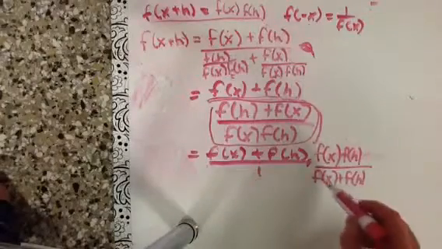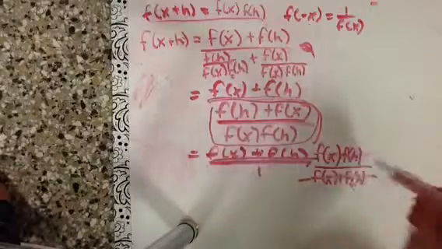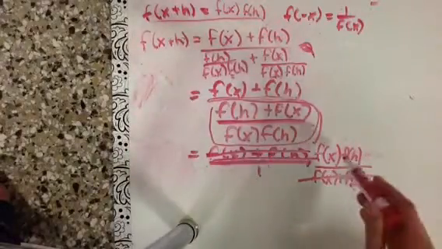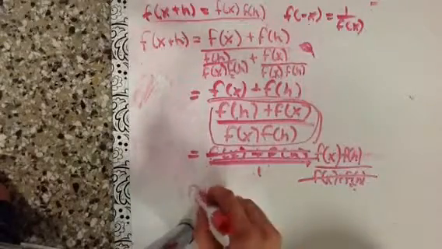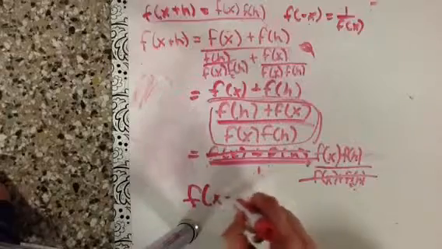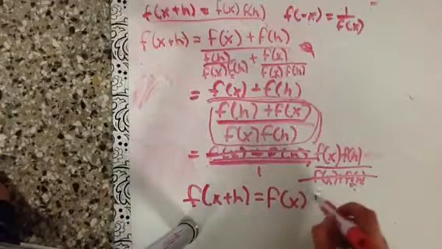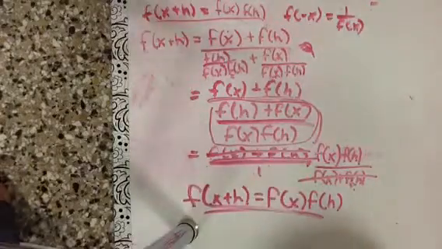Since these two are the same, you can cross those out, therefore it's just 1 times f of x, f of h. Therefore our finished product is this. And this is the answer to C. And we're done with that.